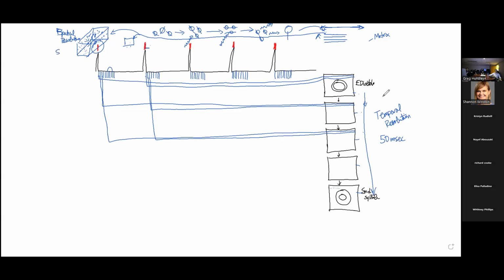We had our signal to noise. And now we've got a new factor, our temporal resolution. Okay. And these are the three things that you're going to be trading around in order to make the picture, right?